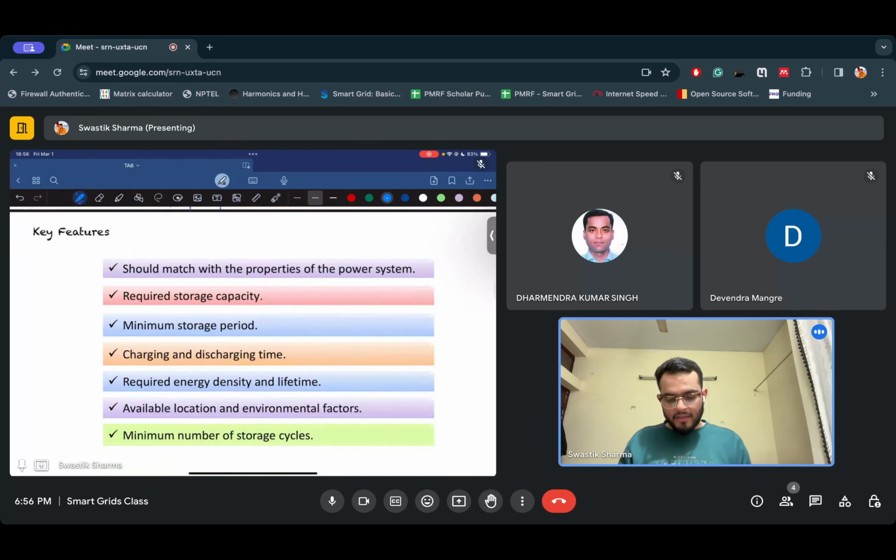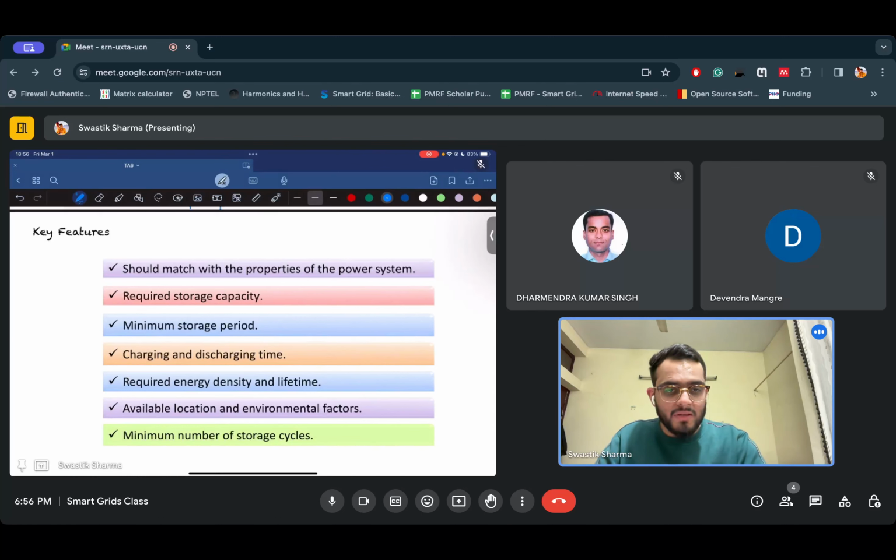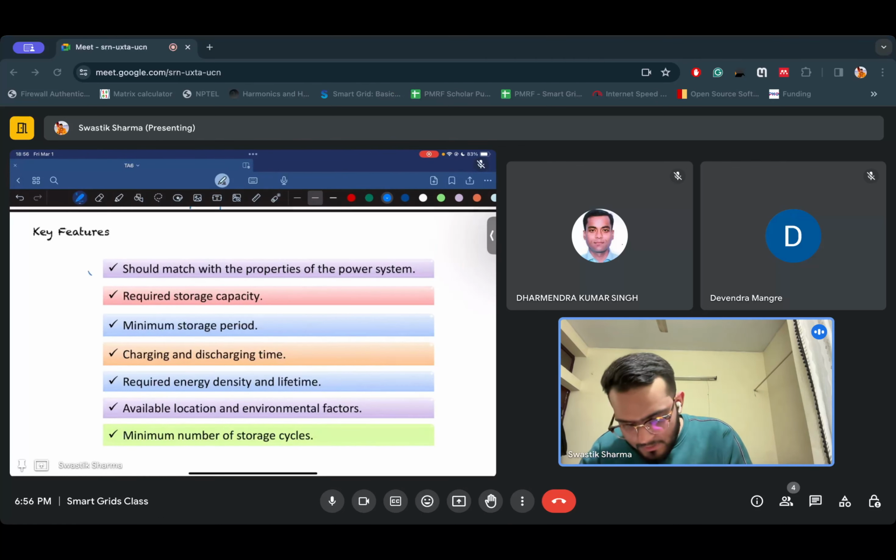So key features is what we want in our battery storages. It should match with the properties of the power system. That is, it should be able to manipulate voltage and frequency in such a way that it stays within limits. Second, there is a requirement for storage capacity because it's relevant to the power systems.